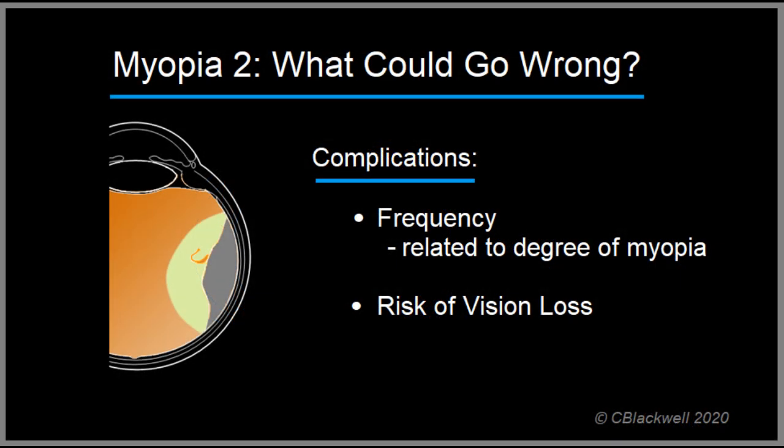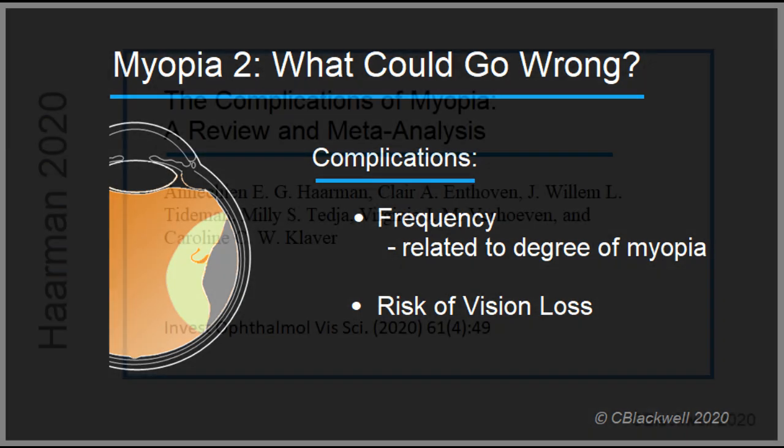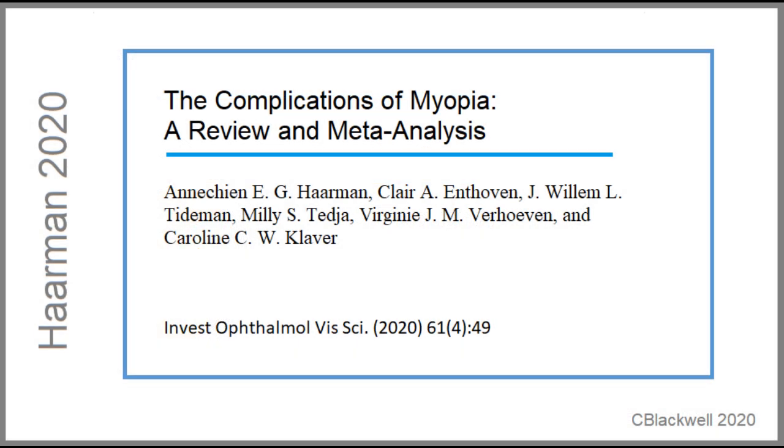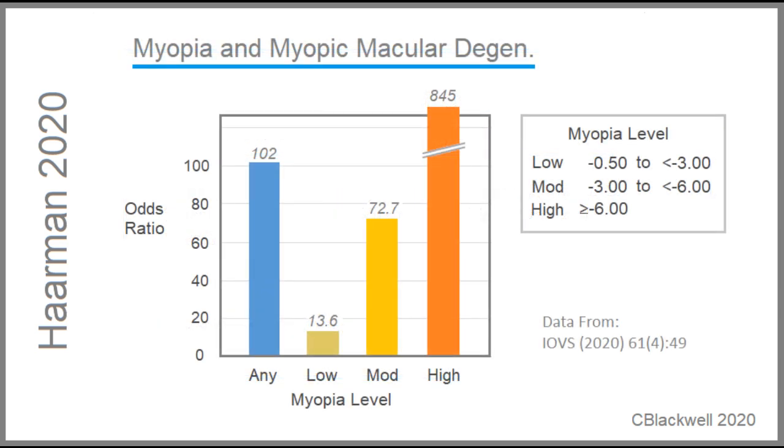The risk for developing each of the complications is related to the degree of myopia. A recent review by Haarman shows us how much. These charts are based on odds ratio, where non-myopes have an odds ratio of 1. The association between myopia and myopic macular degeneration is very strong, extending off the chart in high myopia.